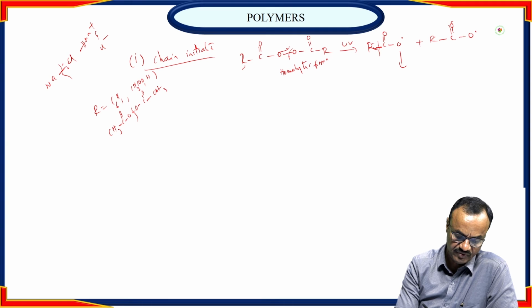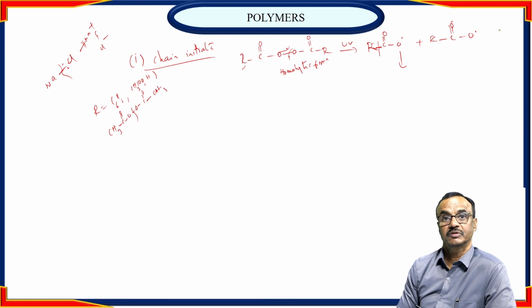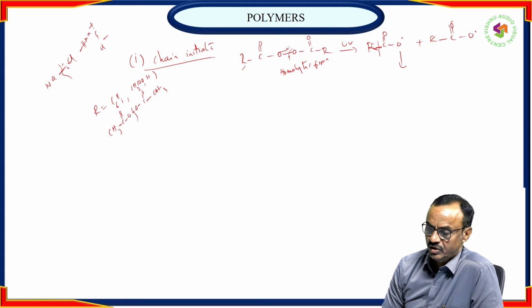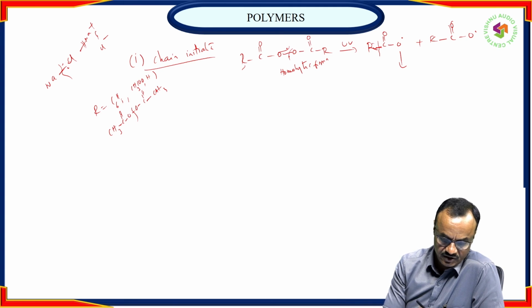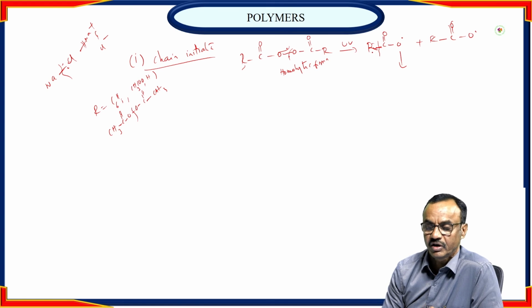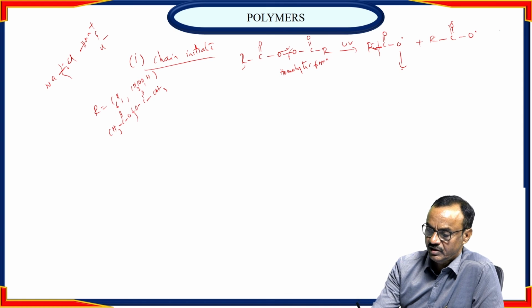Here also the bond is formed between identical atoms, CC. In the presence of UV light it easily undergoes homolytic fission only. Instead of methyl, it could be any alkyl group. So you will get, how many are there? 2 R.